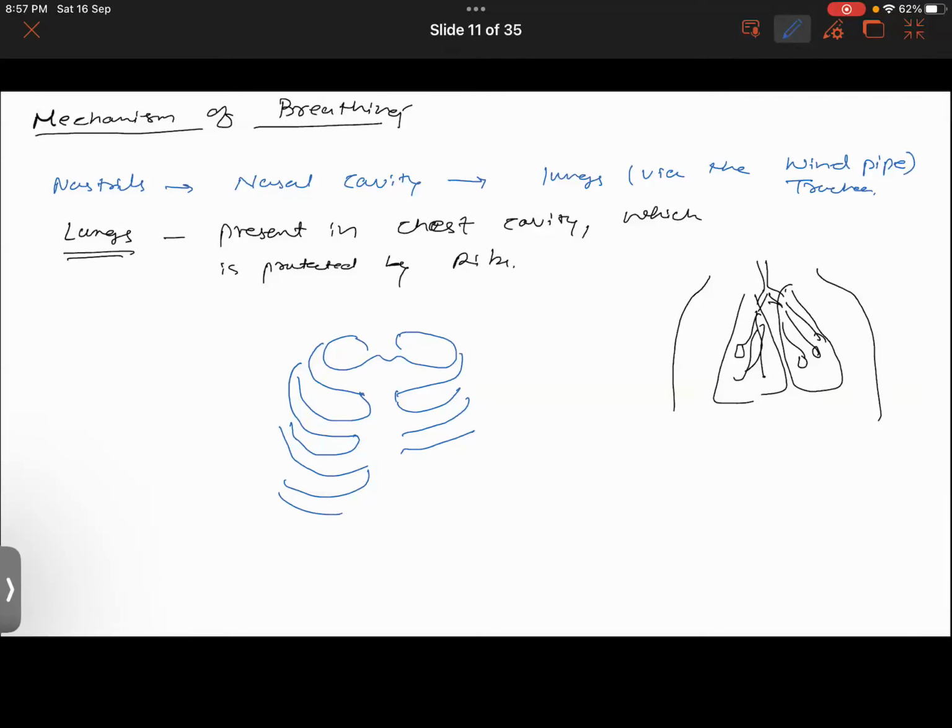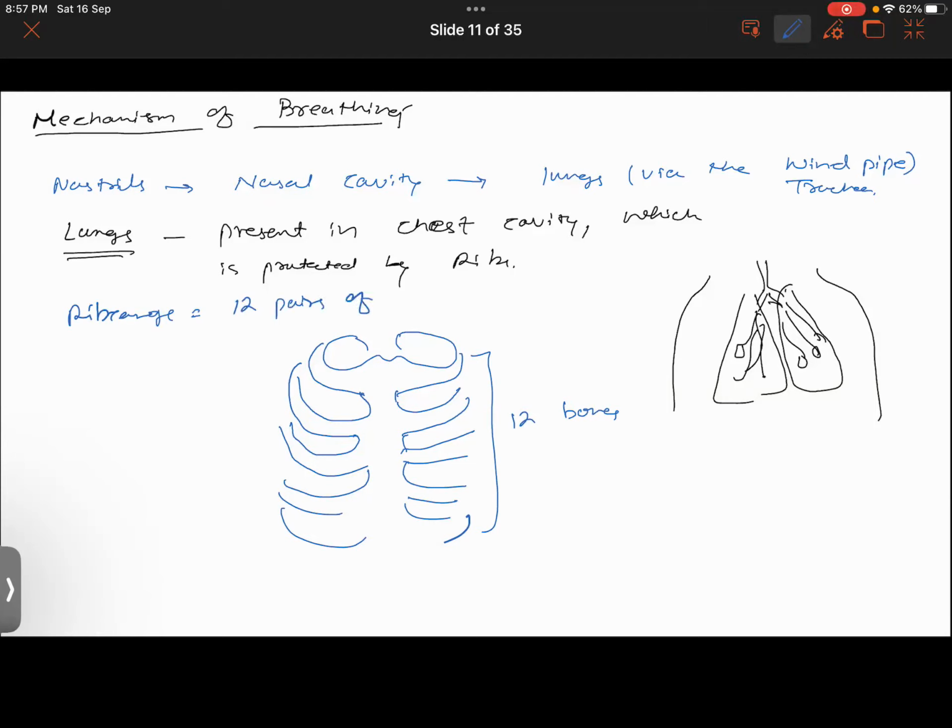So there are 12 bones on each side, which means the rib cage consists of 12 pairs of bones.